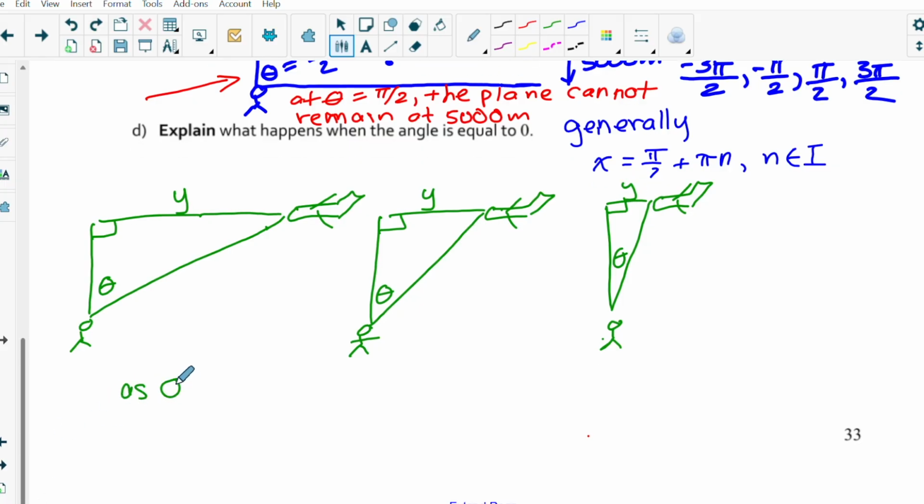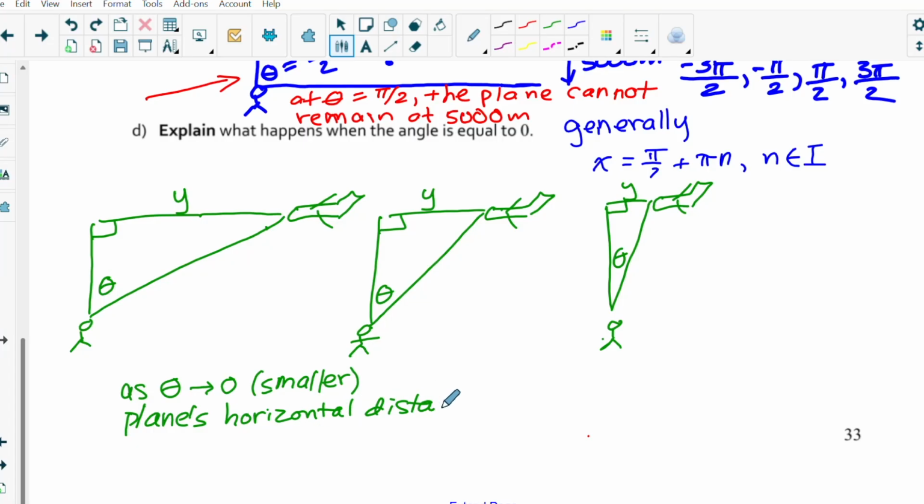So what's happening? As theta approaches 0, so as theta gets smaller, the plane's horizontal distance decreases.